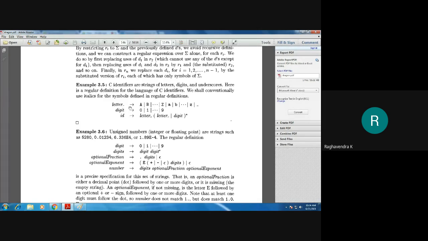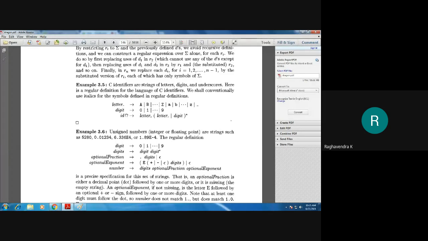Now using these, if I want to form an identifier, this would be the definition for an identifier: a letter, maybe an underscore if required, followed by a letter or digit, and this can be there any number of times. We have defined ID using the definitions of other regular expressions.